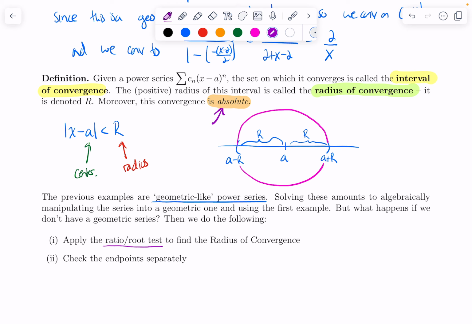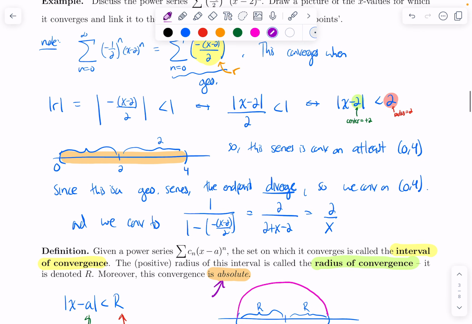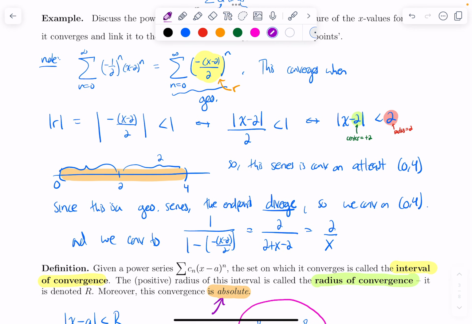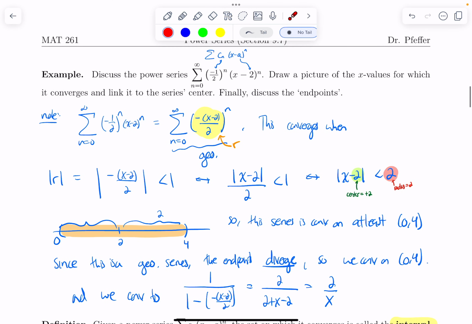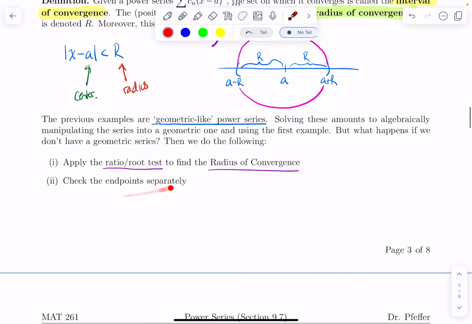That turns out to be really useful for determining the radius of convergence, and then, as we've seen so far, we spend extra time asking about the convergence of the endpoints. Whenever we were geometric, we know the endpoints diverge. In broad generality, we do have to check them separately. So let's look at some examples of finding the radius of convergence using the ratio or the root test.